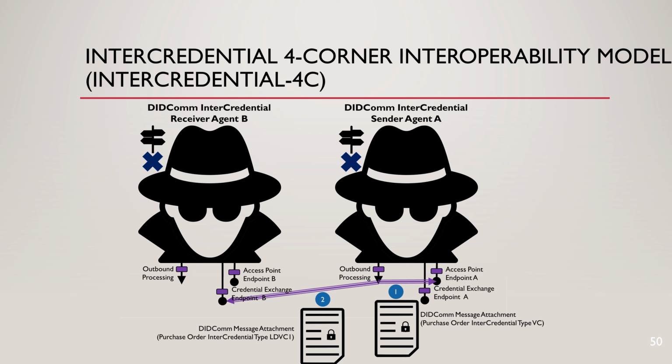Then the next thing that's going to happen after the access endpoint A has transformed that VC internet credential type into an LD-VC1 internet credential type, the outbound origin of the sender is going to send that over to the credential exchange endpoint of the receiver. That's step number 2.